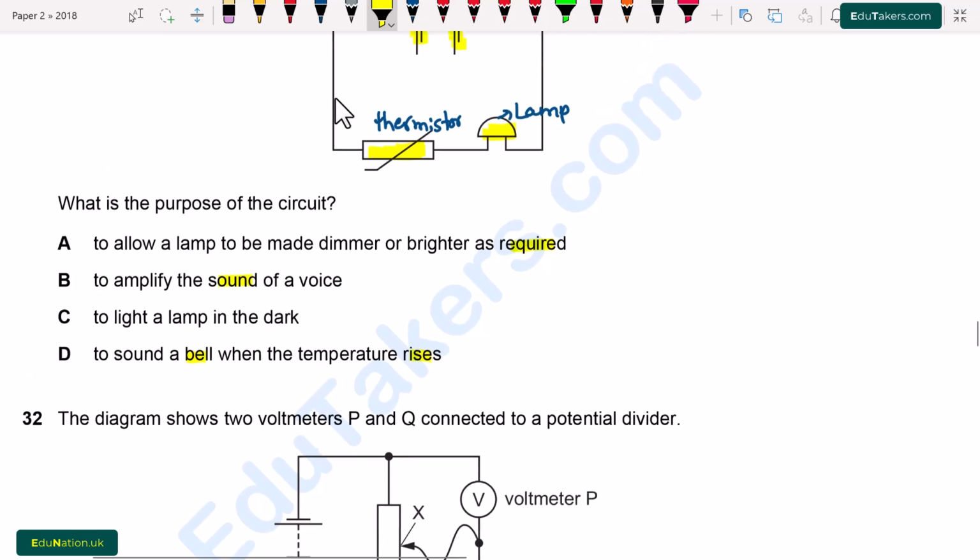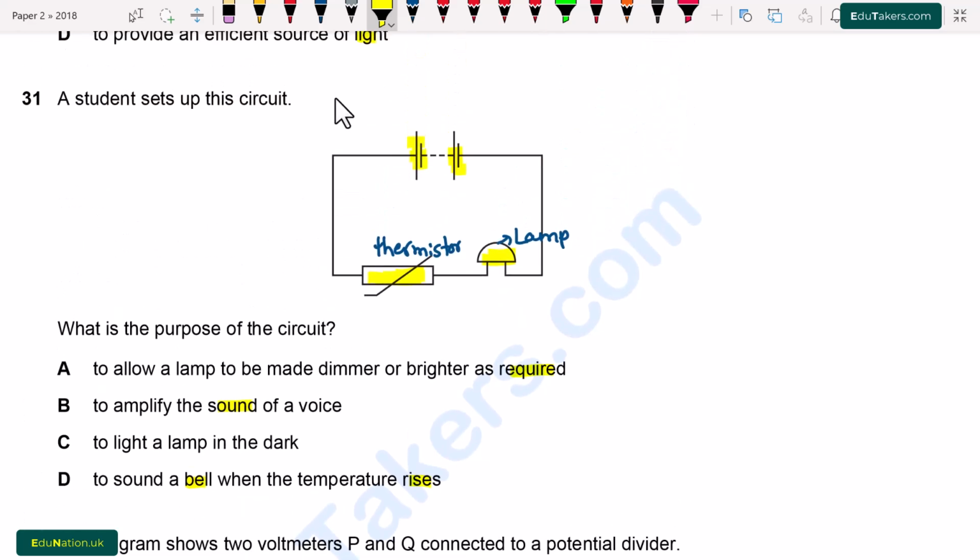So first of all, we check here. Thermistor is connected with the bell. When the temperature increases, then the resistance of the thermistor semiconductor decreases because the thermistor shows negative temperature coefficient. So by increasing the temperature, the resistance decreases.